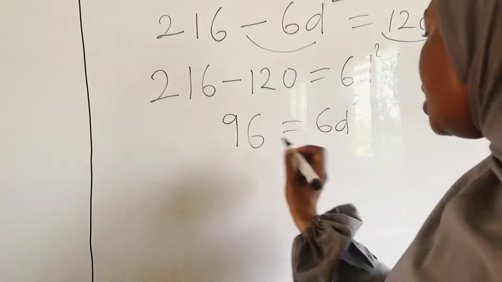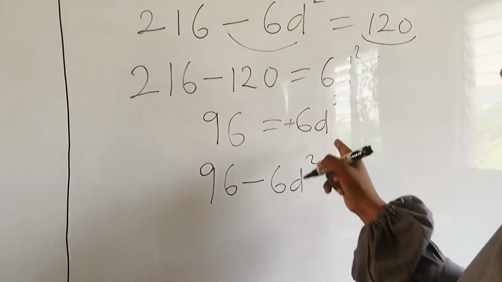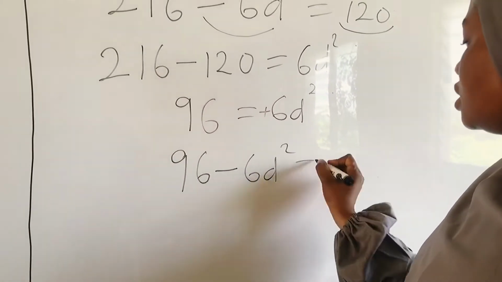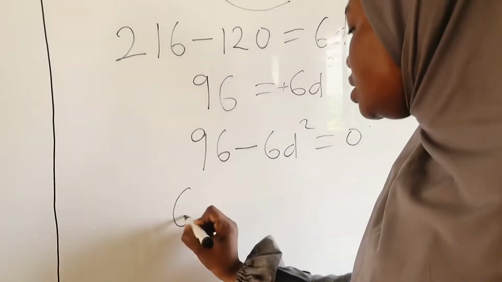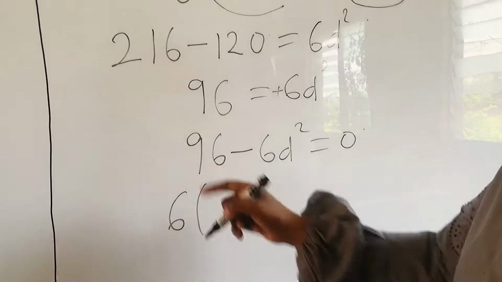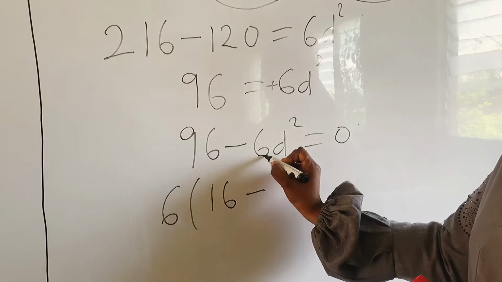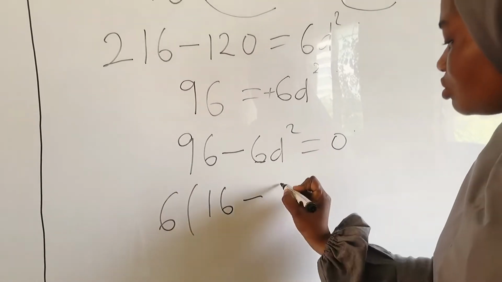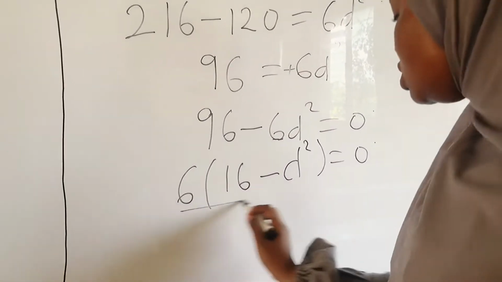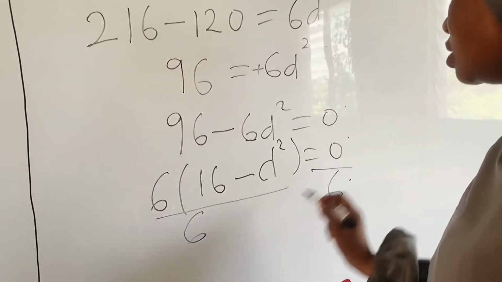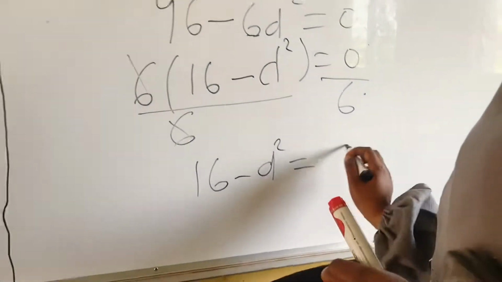So let's take them together: 96 minus 6D squared is equal to 0. We can factorize 6 out. How many 6 can we get in 96? That is 16. Then how many 6 can we get from 6D squared? That is 1, so it remains D squared. Let's divide by 6, so 16 minus D squared is equal to 0.